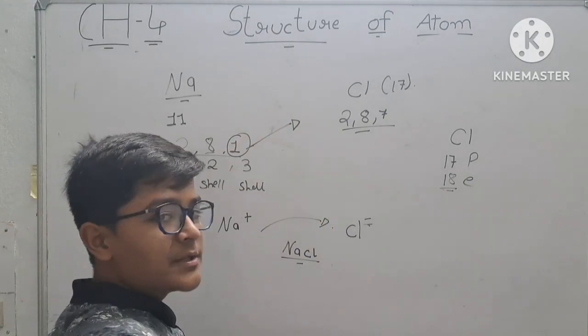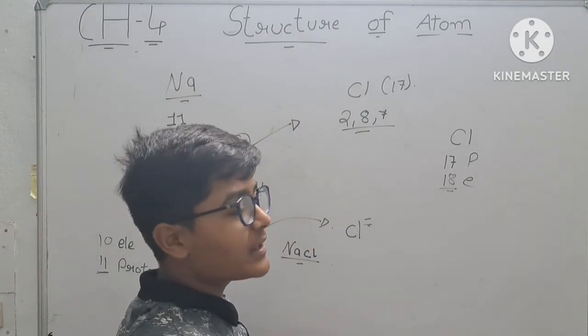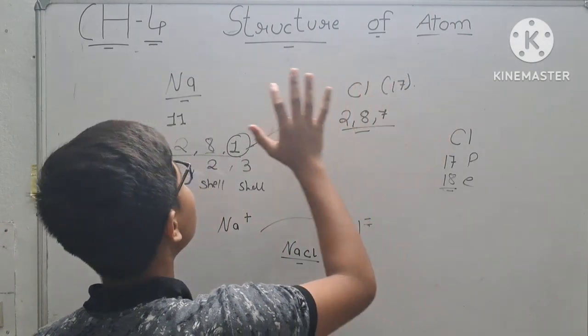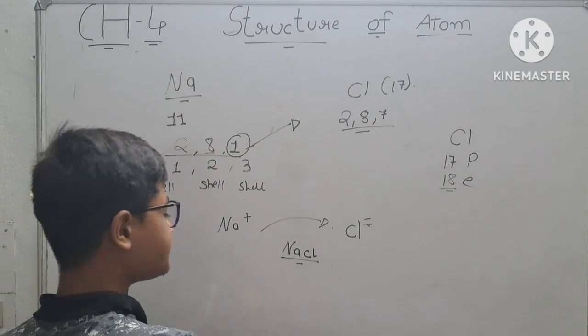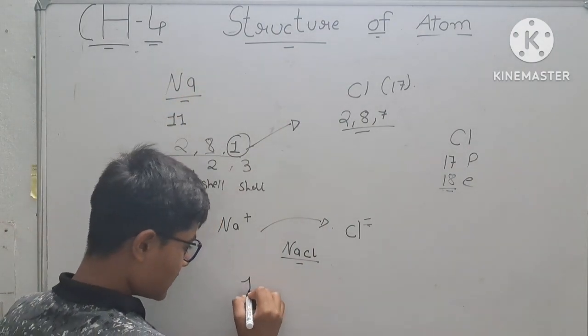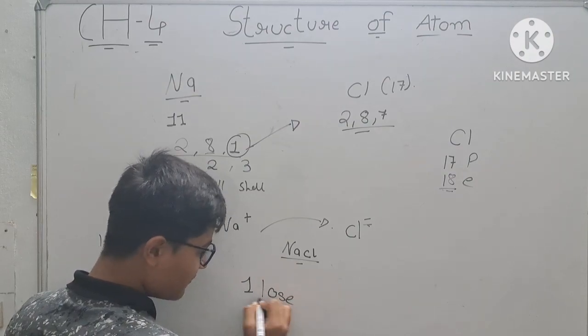We know that the outermost shell electrons are known as valence electrons. So chlorine's valence electron is 7, and sodium's valence electron is 1. So sodium is losing 1 electron.